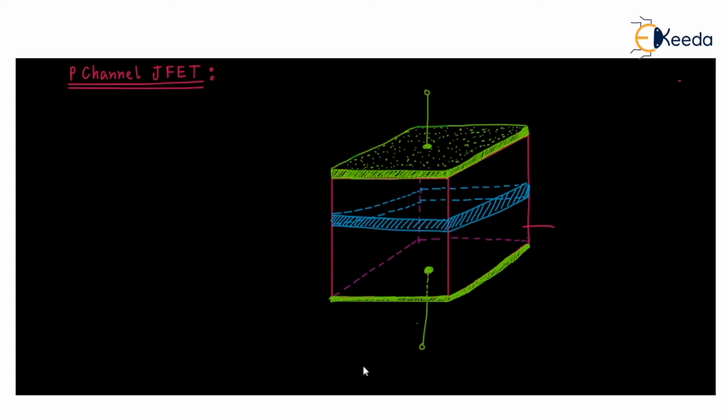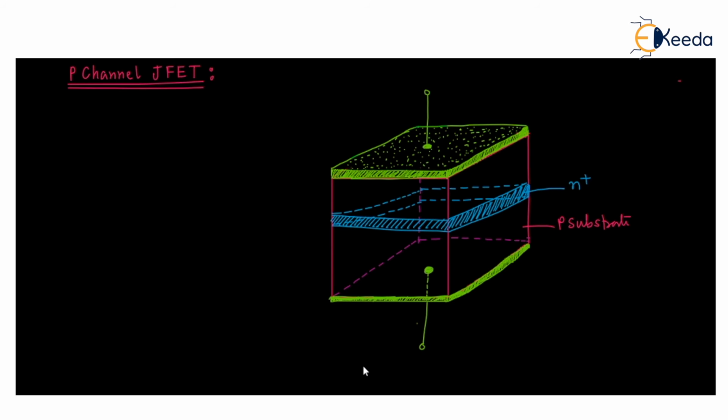This is a P substrate, and in this P substrate we have doped this region in a ring fashion. This region has been doped in a ring fashion as N plus. You can see the doping has been done from all sides of the substrate.